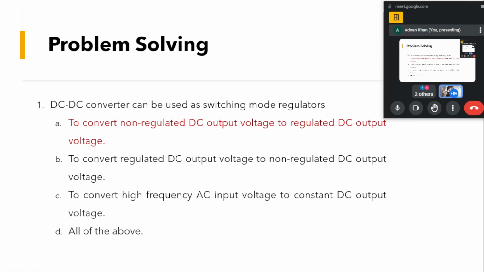The basic reason we want a DC-DC converter is, let us say we have some input voltage, say 50 volts or 100 volts, but we require different output voltages. Then we introduce a switching network by which we are able to switch in a certain way.